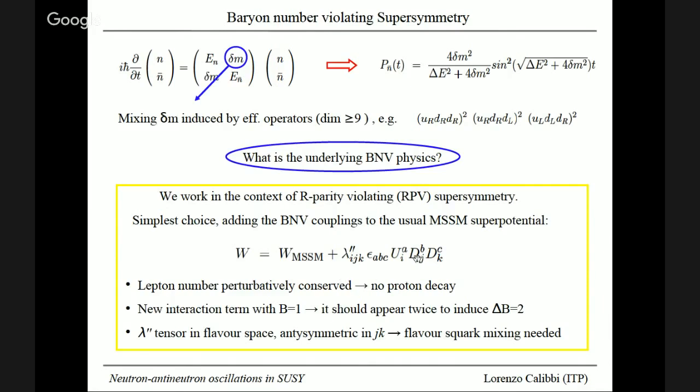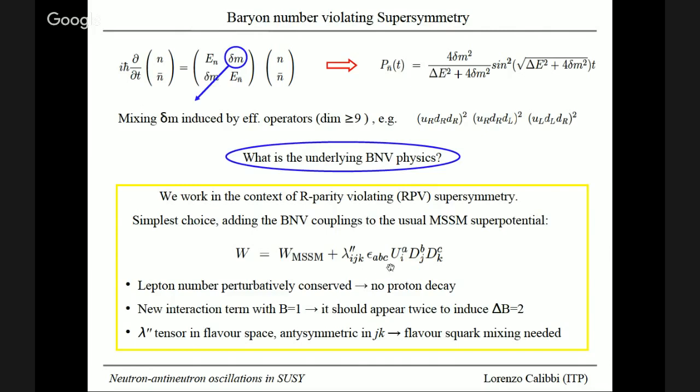So we already see from here that we will require this kind of interaction twice in order to induce 2 units of baryon number violation. And given this tensor structure, these are SU(3) indices, so this is an SU(3) contraction in order to have an SU(3) singlet. This is a totally antisymmetric tensor.